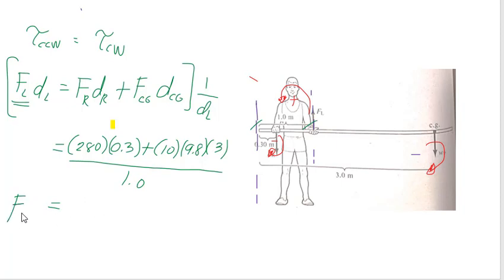The force exerted by the left arm is equivalent to 378 newtons, so that the pole is in equilibrium.